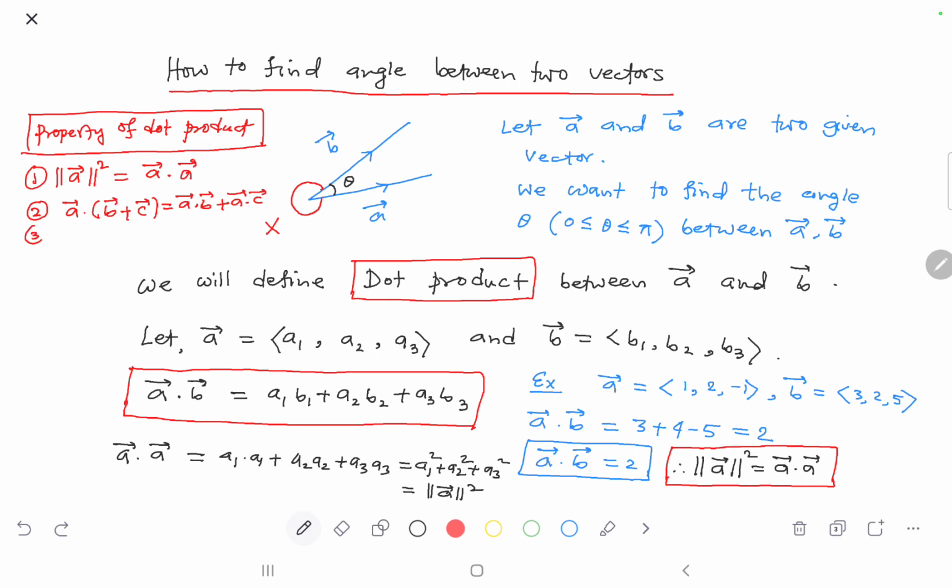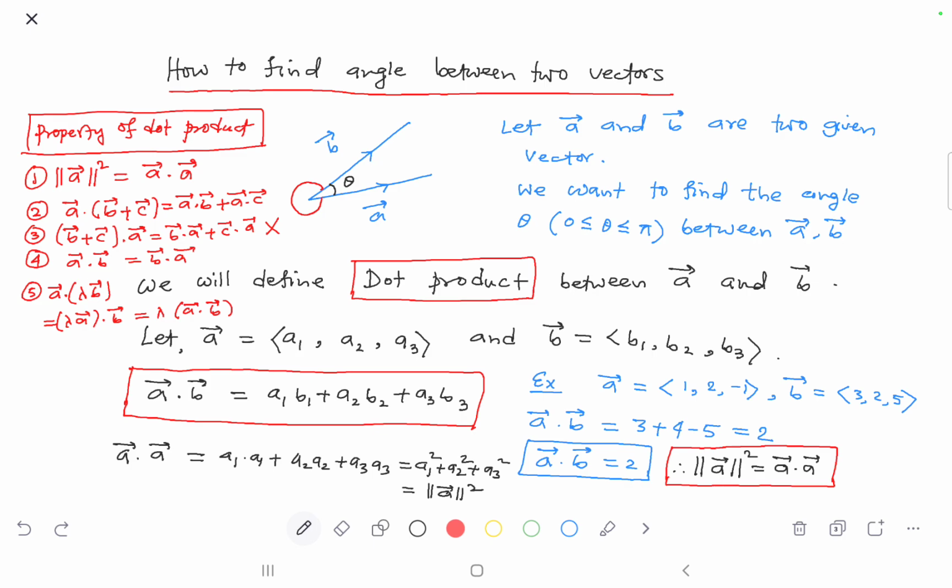Similarly, the third property is that you can also distribute from the right side: (B plus C) dot A is B dot A plus C dot A. Now, the dot product is commutative: A dot B is the same as B dot A. And fifth, A dot lambda B is the same as lambda A dot B; you can bring lambda outside, then A dot B. Okay, this is clear.